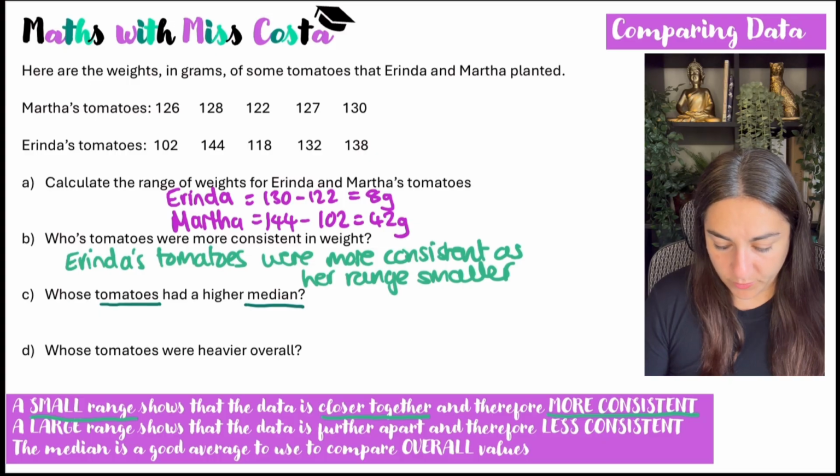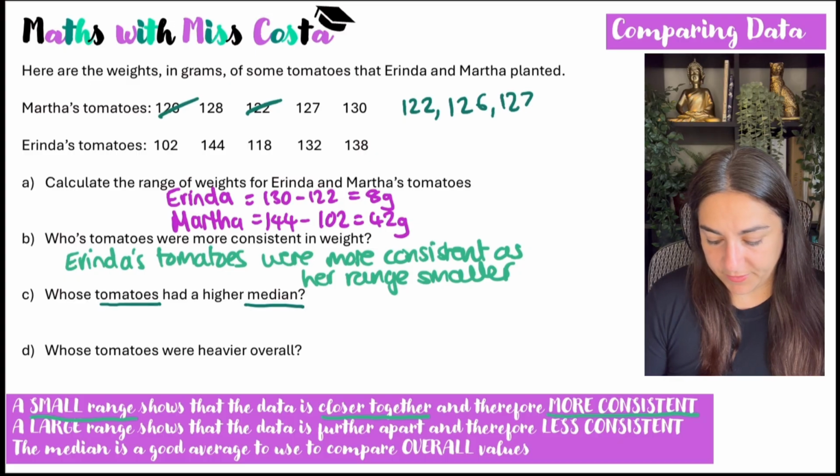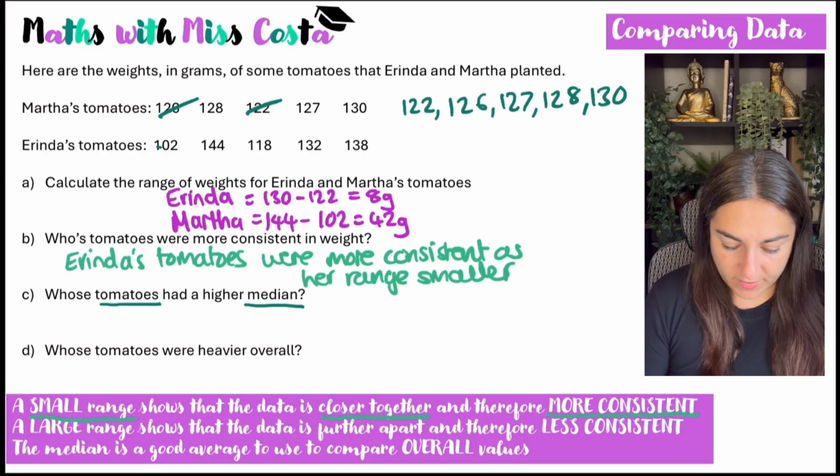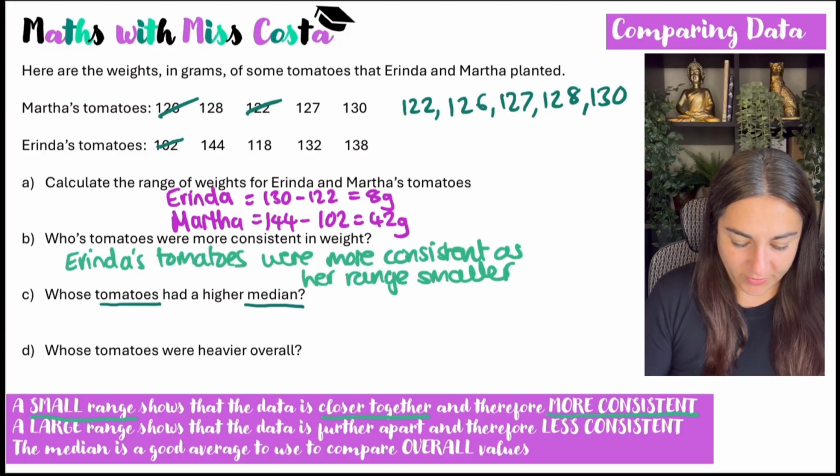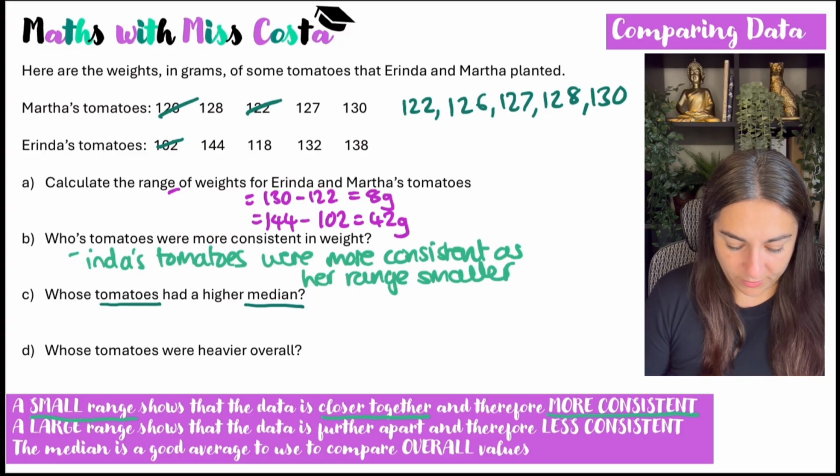So we've got 122, 126, 127, 128, and then 130. And then with Irinda, we've got, oh, did I do them the other way around? Oh my gosh. Sorry, I wrote them the wrong way around. I thought Irinda came first. Oh, that's annoying.